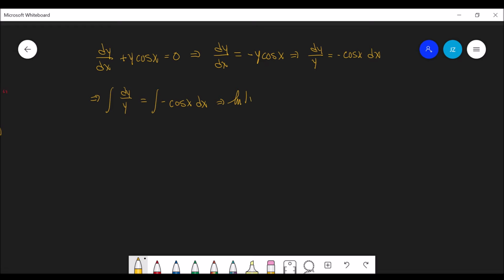So we get log absolute value of y is equal to negative sine of x plus an arbitrary constant.